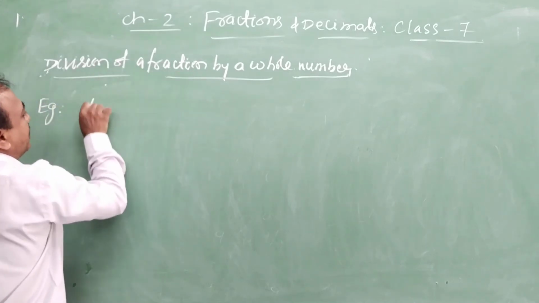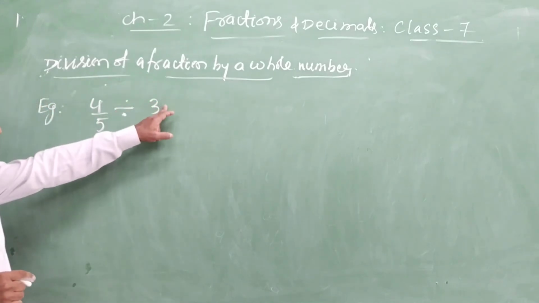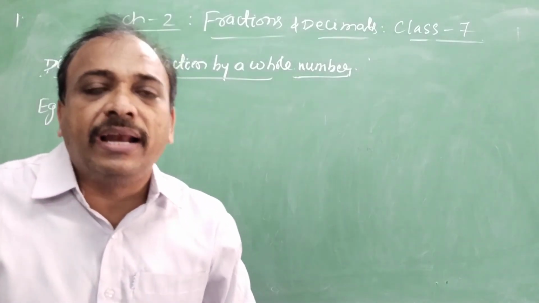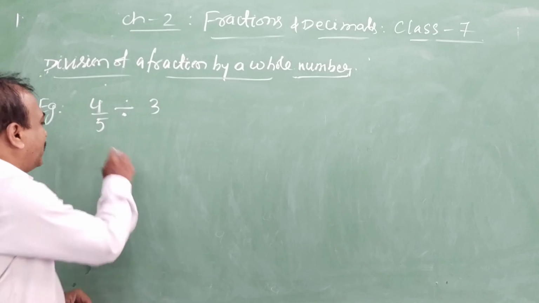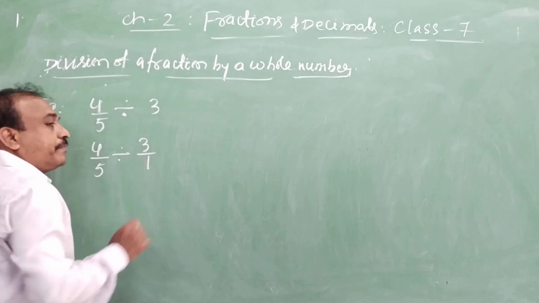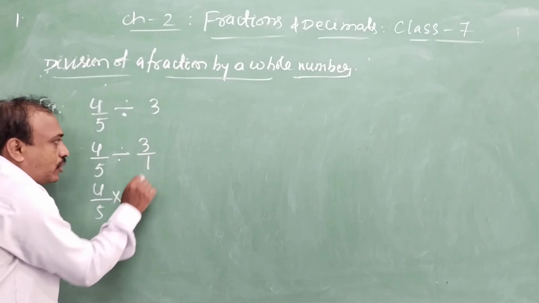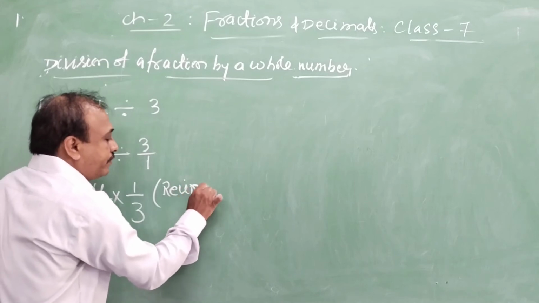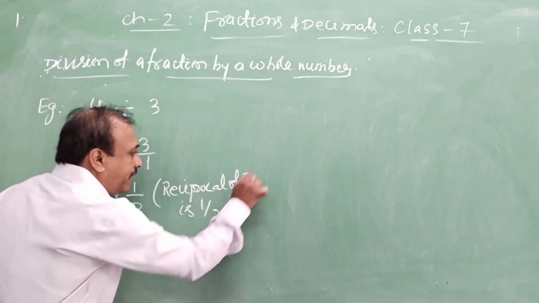Division of a fraction: 4 by 5 divided by 3. What is 3? 3 is also a fraction. We can represent 3 as 3 by 1. So the reciprocal of 3 is 1 by 3. 4 by 5 divided by 3 by 1. Now it is 4 by 5 into the reciprocal of 3 by 1, which is 1 by 3.